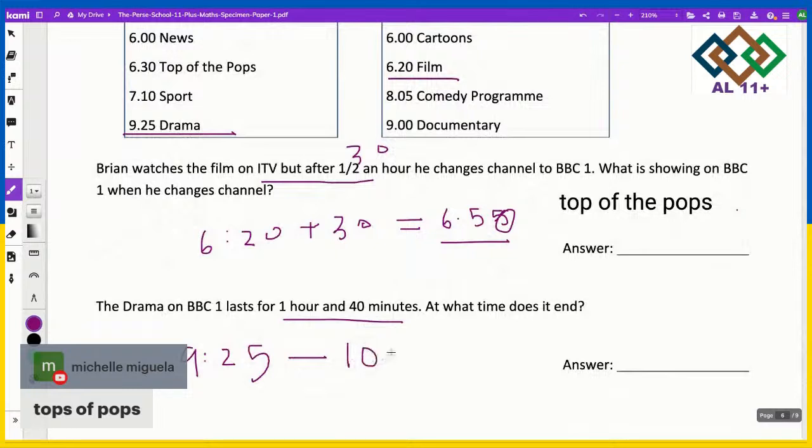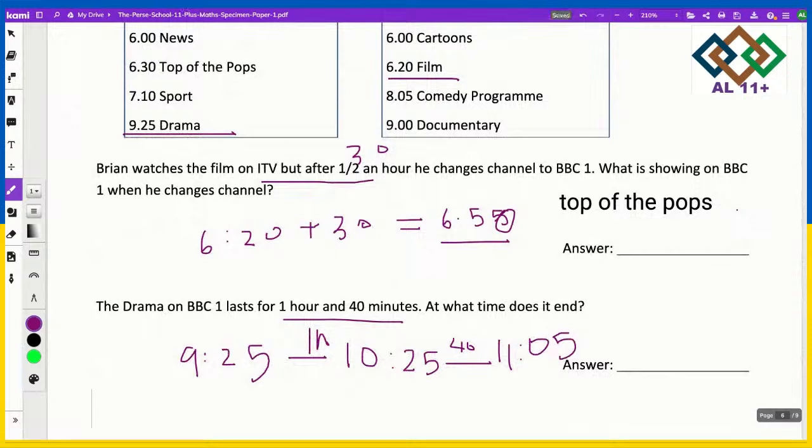That's your 1 hour. And with the 1 hour, just add 40 minutes, that's 11:05. Good, 11:05.